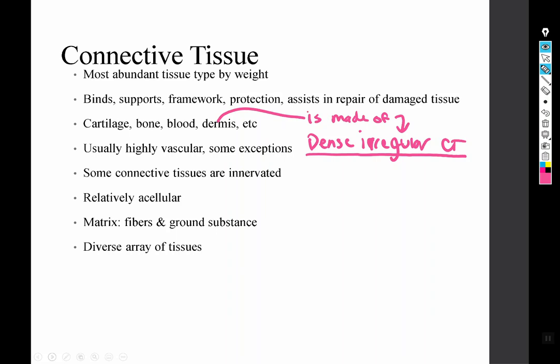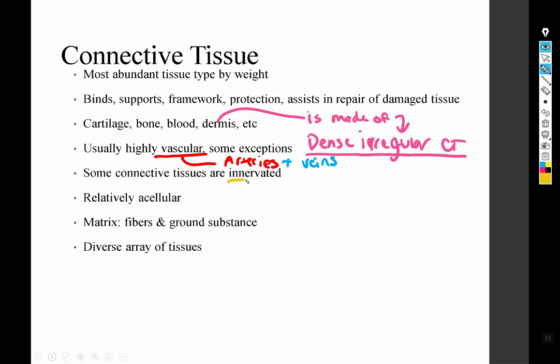You're going to see different ways you can refer to connective tissue depending on what context you're talking about it in. Another aspect of connective tissue is it's usually very vascular. So when you see this word, think arteries and veins. So there's blood vessels in it. There are some connective tissues that are highly innervated.